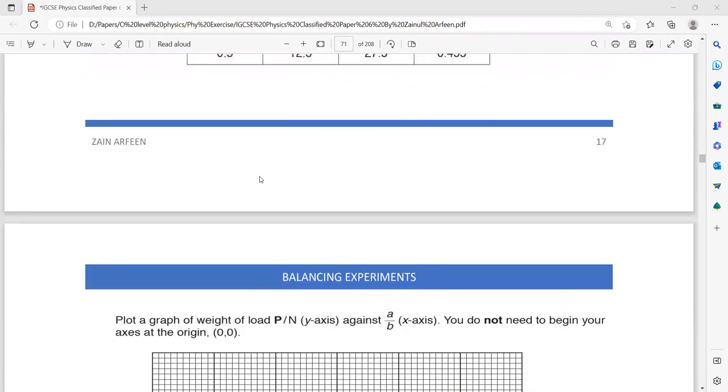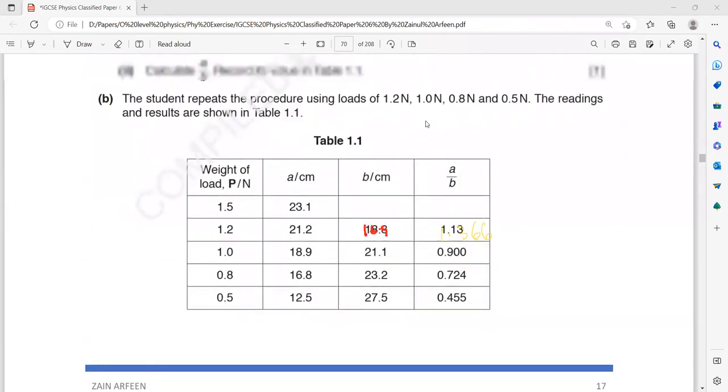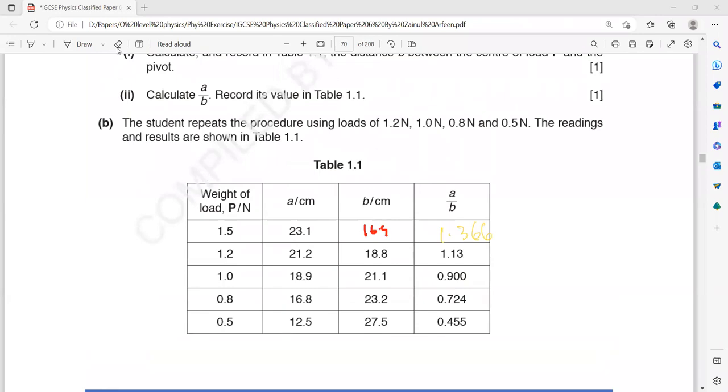Then we have to plot a graph for P and A over B. So P values are 1.5, 1.2, 1.0, 0.8, 0.5, and the A over B values are 1.33, 1.366, 1.13, 0.90, 0.724, 0.455.